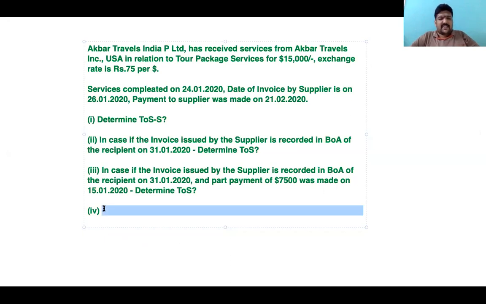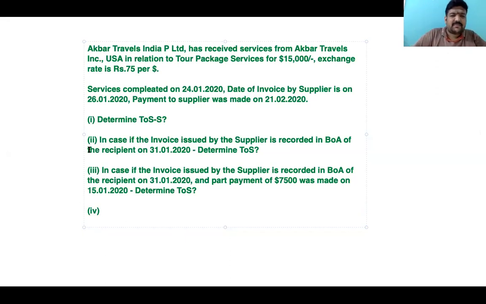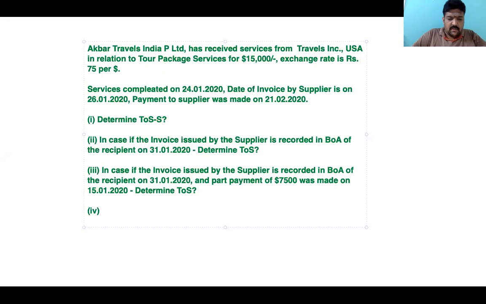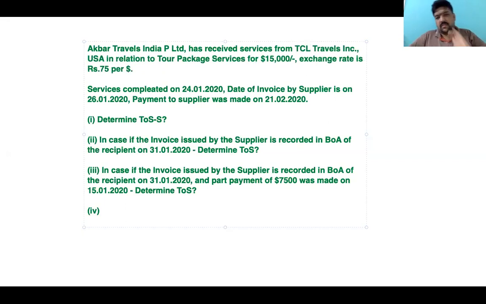And the last discussion is not relevant. For that, fundamentally, I should change the question. This is only for question 4.